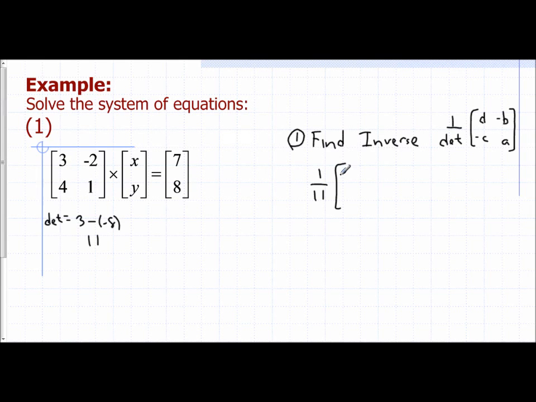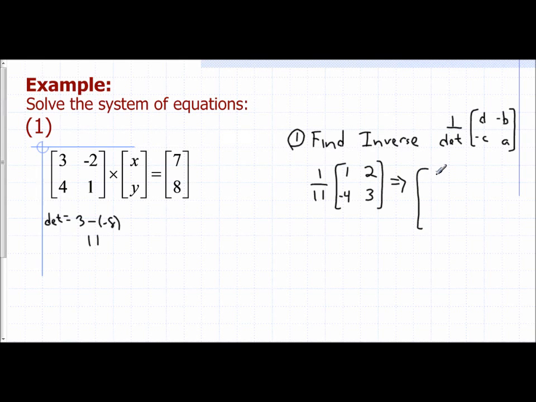So the 1 goes up here and the 3 goes on here. The sign of B changes, so it's -2 becomes +2, and the sign of C changes. So +4 becomes -4.